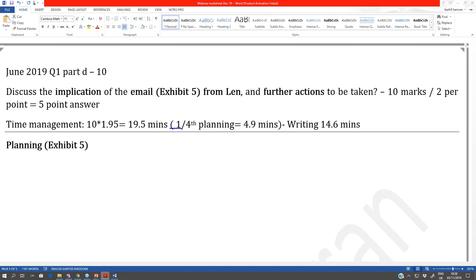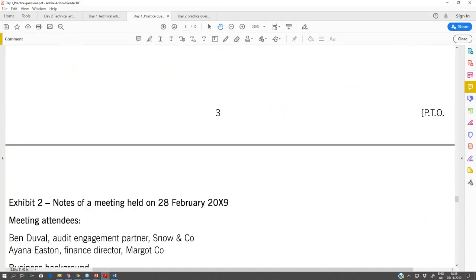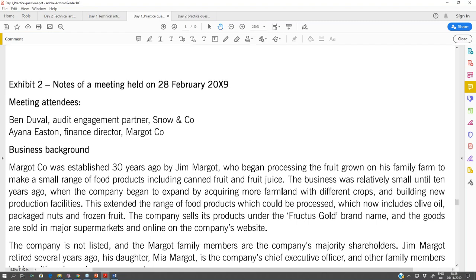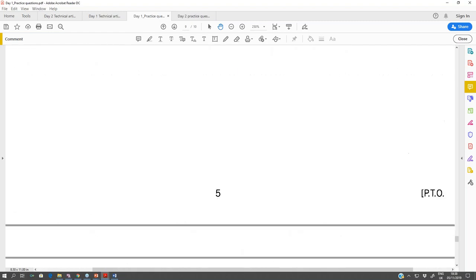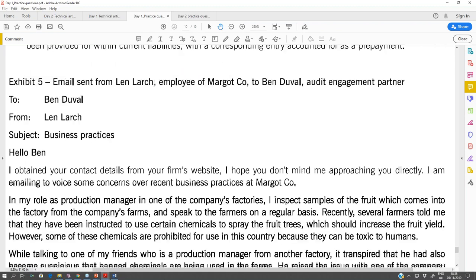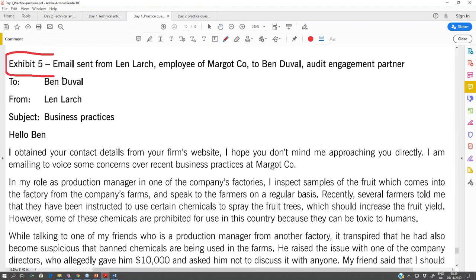Okay, let's go down and let's read the email which we got in exhibit 5. Okay, here is exhibit 5. Let's see what is the email we got from Len and what can be the implication of this email.